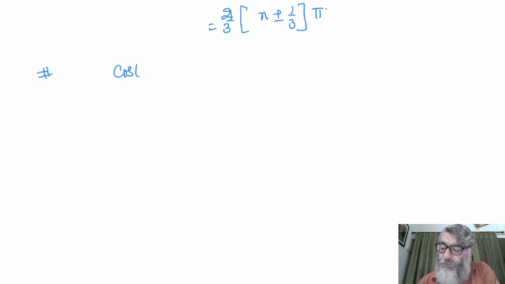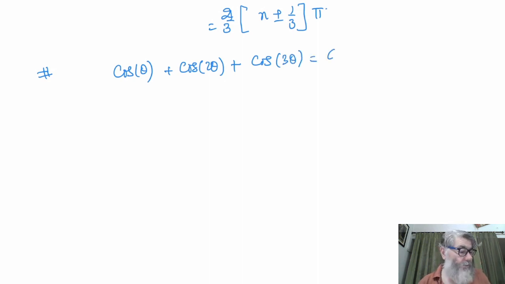This will be the last question here. Cos theta plus cos 2 theta plus cos 3 theta is equal to 0. So what are we going to do here? Now again we will have to be careful.